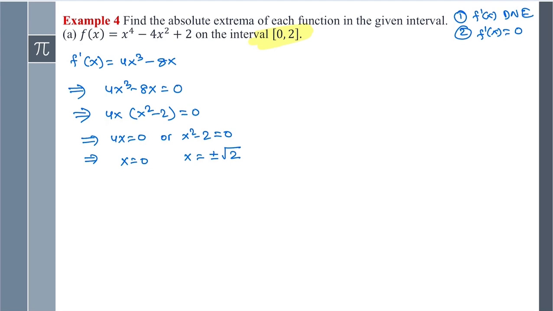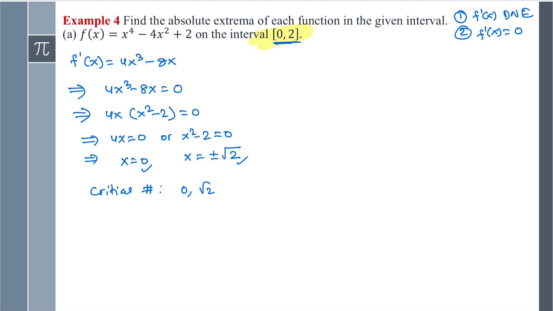Now we have critical numbers 0 and square root of 2, which is both positive and negative, but we don't have a negative in our interval. So that's not the point of our interest. The interval of our interest is 0 to 2. So our critical numbers for this interval are 0 and square root of 2. Again, we are not taking the negative because it's not in that interval.